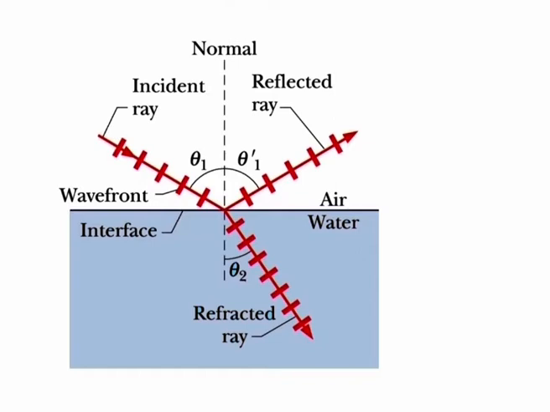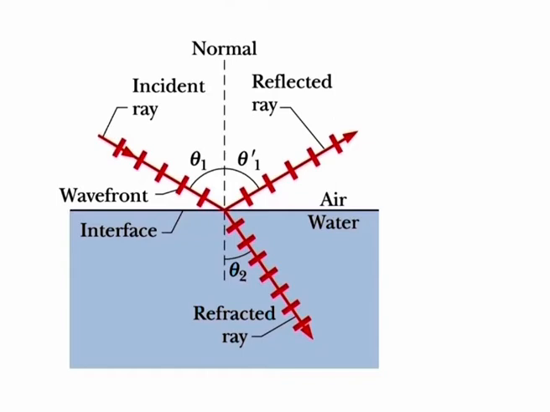Here, the angle of incidence is theta 1, the angle of reflection is theta prime 1, and the angle of refraction is theta 2, all measured relative to the normal. The plane consisting of the incident ray and the normal is the plane of incidence, which is in the plane of the page.